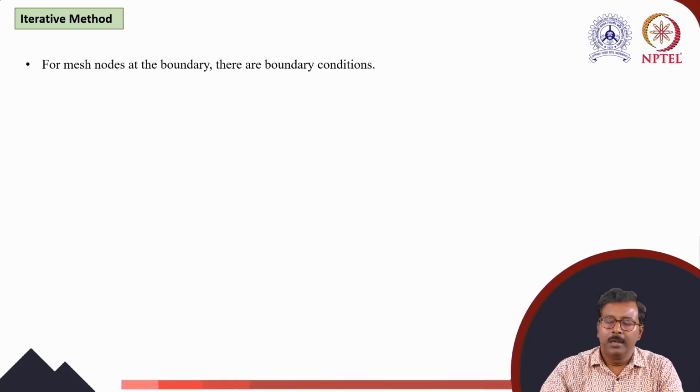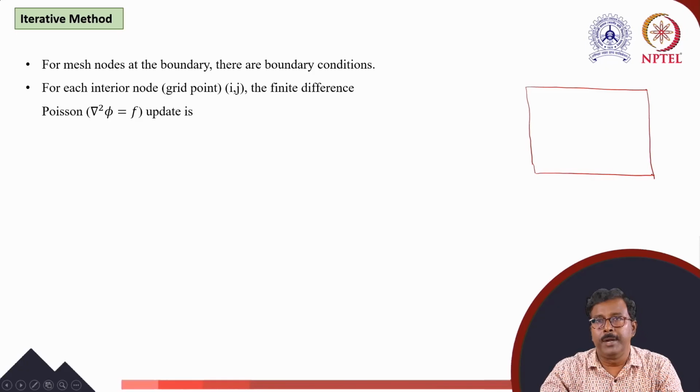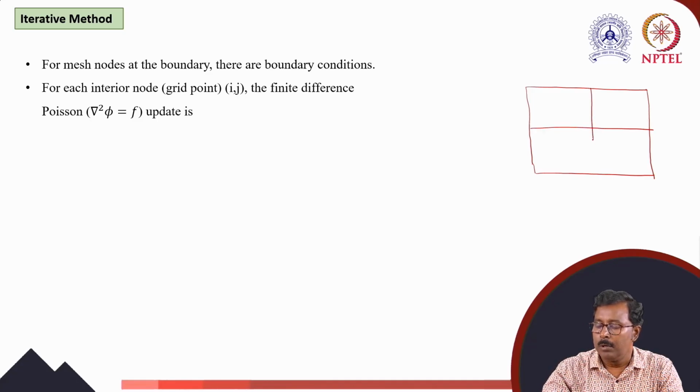So for example, if you have a domain of a device, suppose this is a square domain, you are dividing this into several nodes at equal distance.